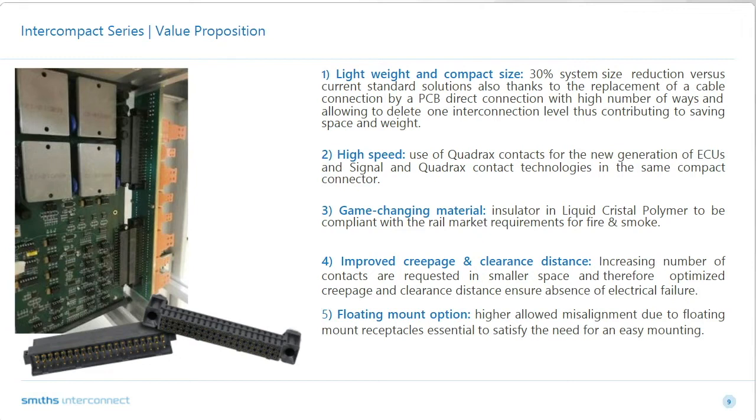Not to mention the high-speed connectivity that we have managed to implement, and also the compliance aspect of it, in particular with the use of some innovative material, and the improved creepage and clearance distances that we have managed to achieve. And finally, the versatility of the product really comes in the floating mount or PCB mount configuration.